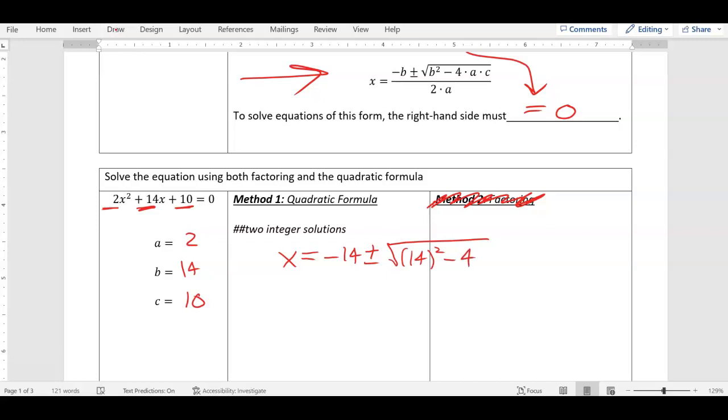A is 2. C is 10. Okay? All over 2a. 2, and then a is 2. Okay?